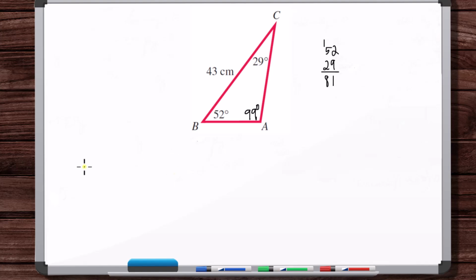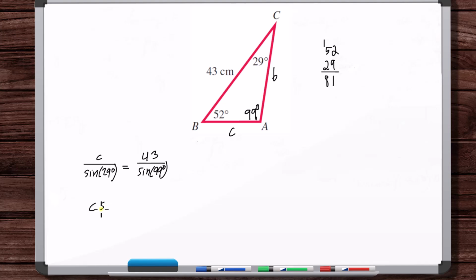Okay, so this is side length C, side length B. So we've got side length C over the sine of 29 degrees is equal to side length A over the sine of 99 degrees.